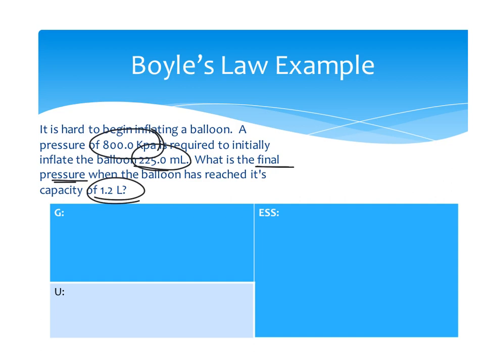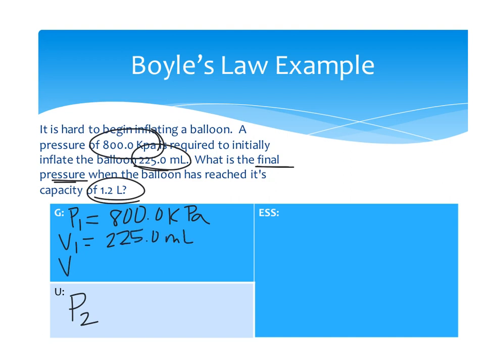So I know that my unknown is P2 because that would be the final pressure. I'm given an initial pressure of 800 kilopascals, an initial volume of 225 milliliters, and a final volume of 1.2 liters.